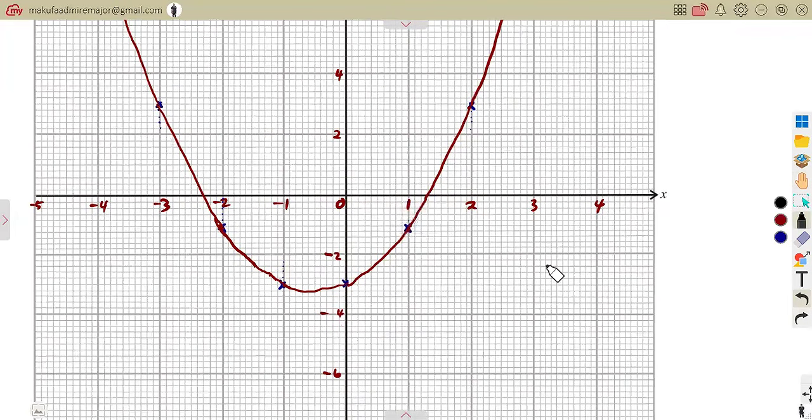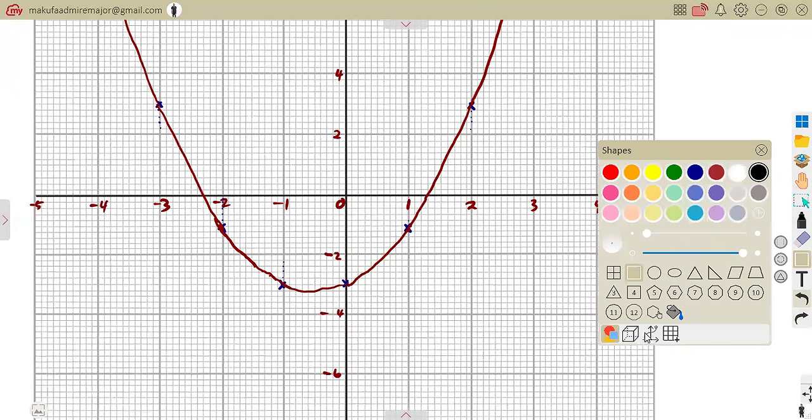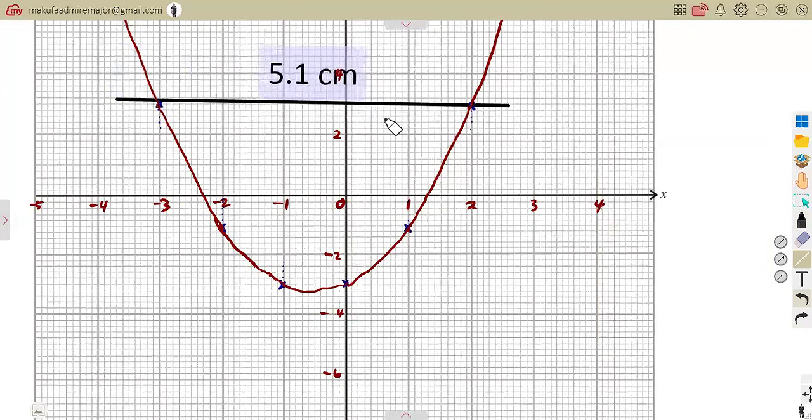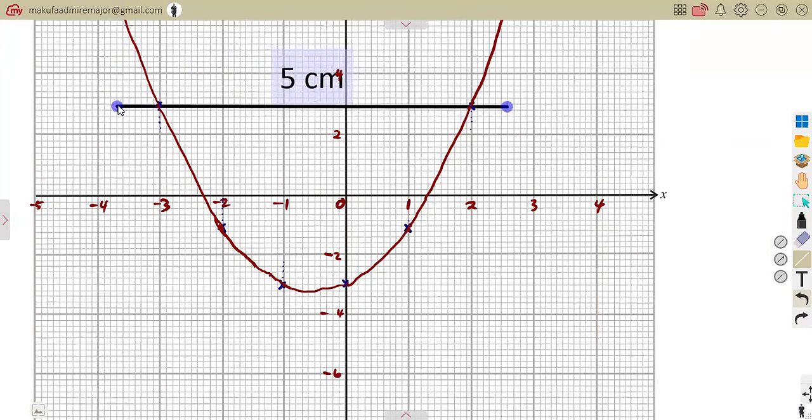I said you take the x values corresponding in a horizontal line, like this one. At this point, if you take this horizontal line here, their x values. Here, these are x values corresponding, it's a horizontal again.